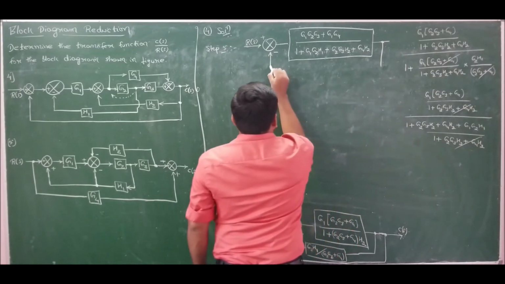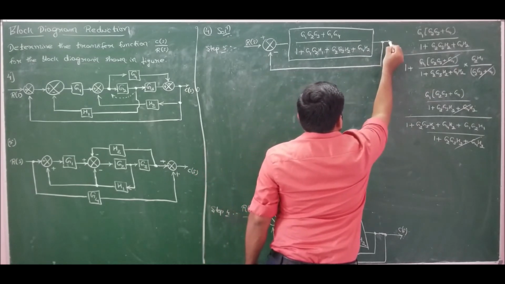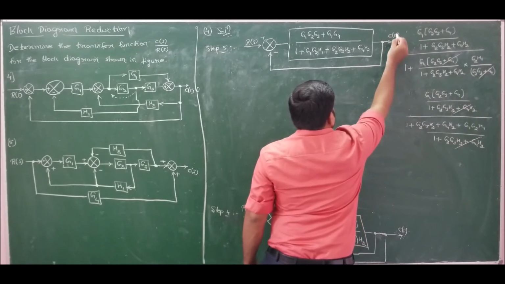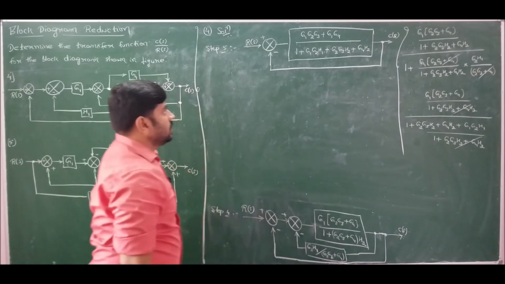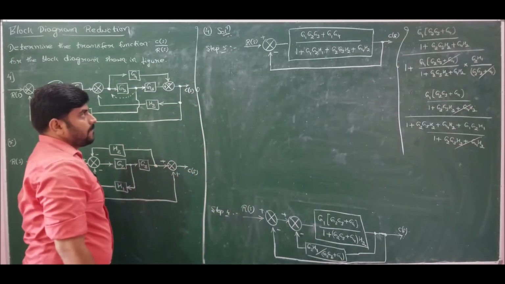And we have unity feedback, C of S. This is what we got in step number 5.